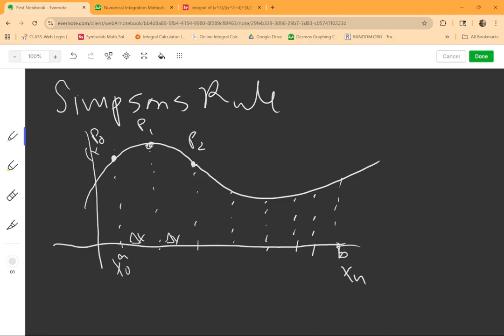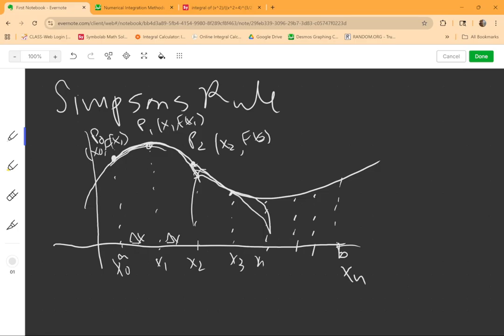And again, the points here are x0, f of x0; x1, f of x1; and then x2, f of x2. So across these 3 points, we're going to create a parabola. And then across the next 3 points, x2, x3, x4, etc., we'll have another parabola that we create.